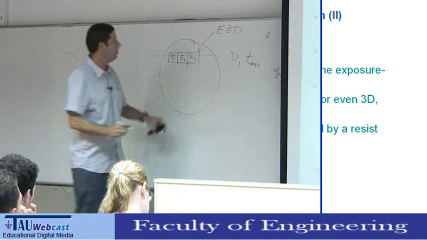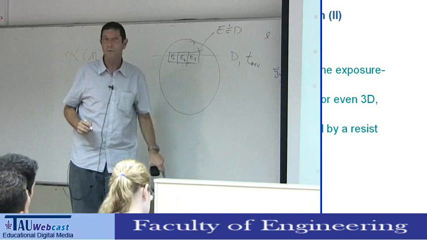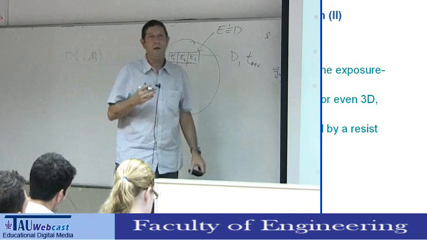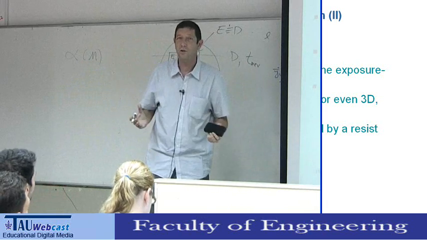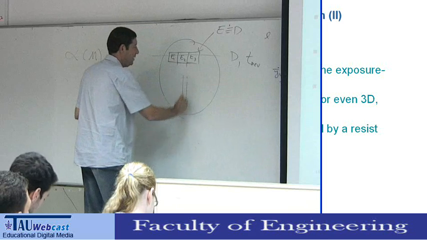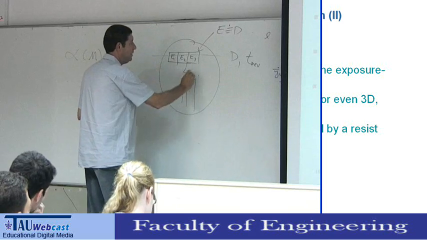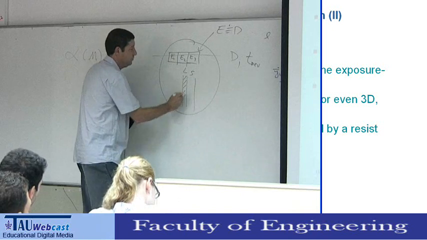Then you can plot your result as a function of D and T, and you can imagine that you will get some two-dimensional function. Now what do you measure? Usually what you measure is, if you have lines and spaces, you measure line and space on the wafer.